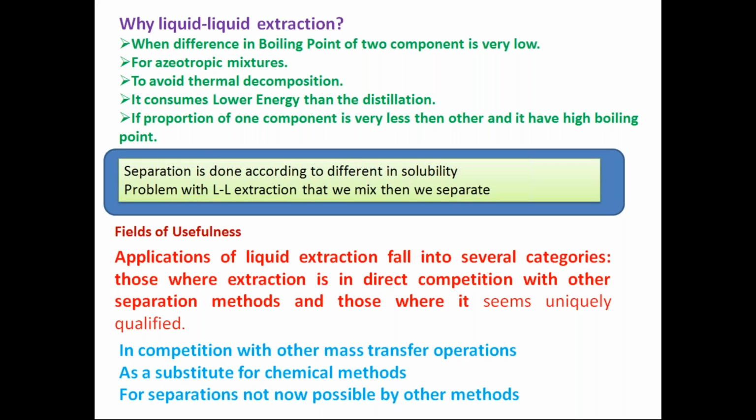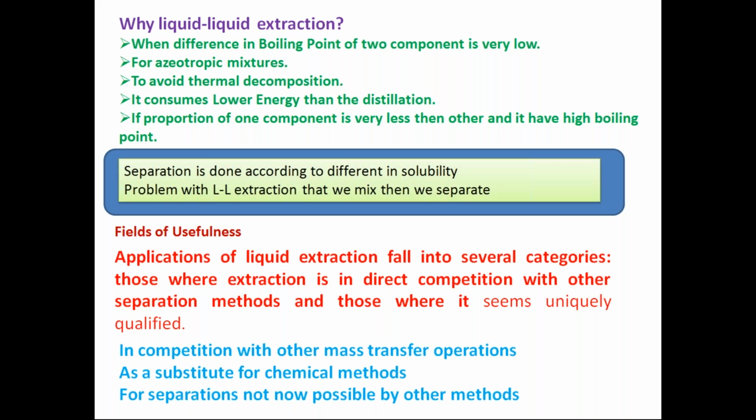Then why is this liquid extraction required? As I told you earlier, when the difference in boiling point of two components is very low, that is, the alpha value is very low, or the bubble point and dew point are very close. If they are equal, then there is no separation, because it is called an azeotropic mixture.